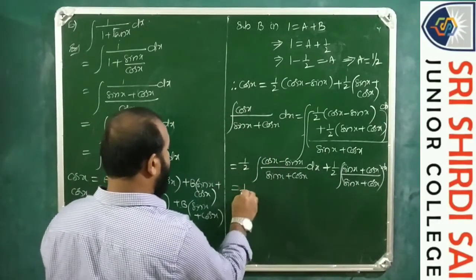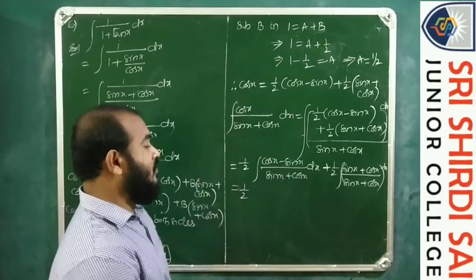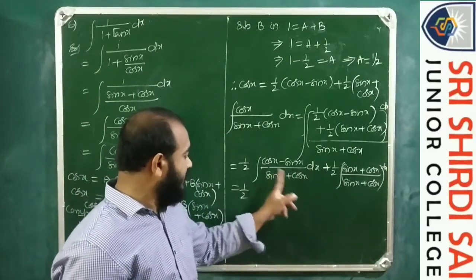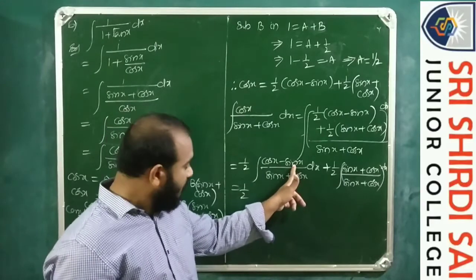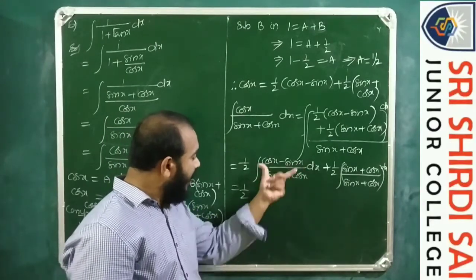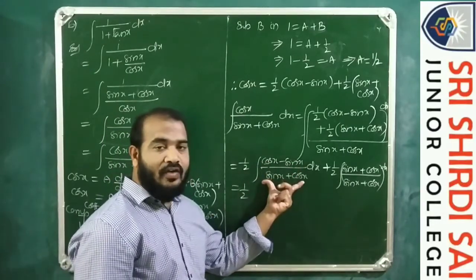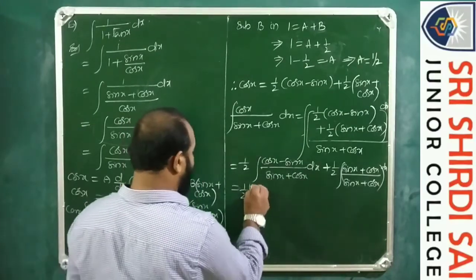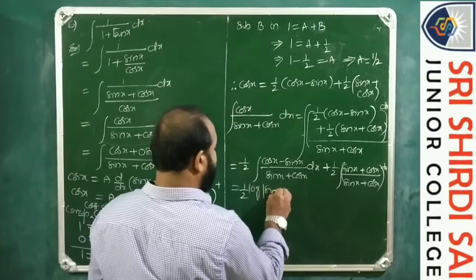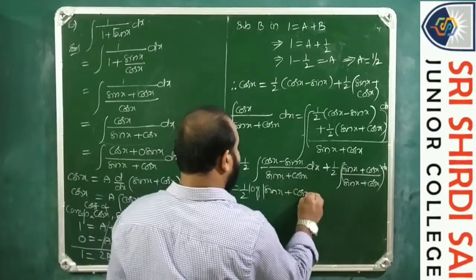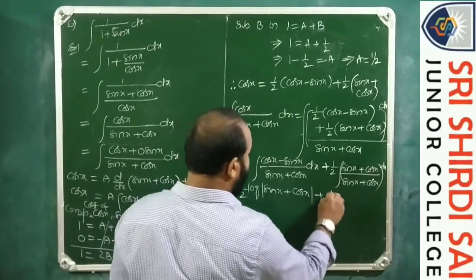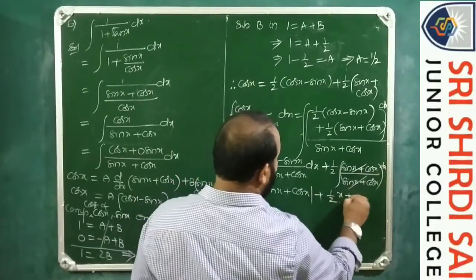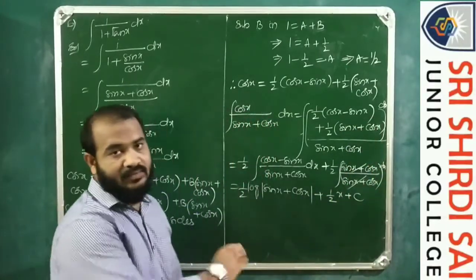The derivative of sin x plus cos x is cos x minus sin x. It is of the form integral f dash x by f of x, which we have seen in the results, log mod f of x. So log modulus of sin x plus cos x plus 1 by 2, these two get cancelled, integral 1 dx is x plus constant of integration c.